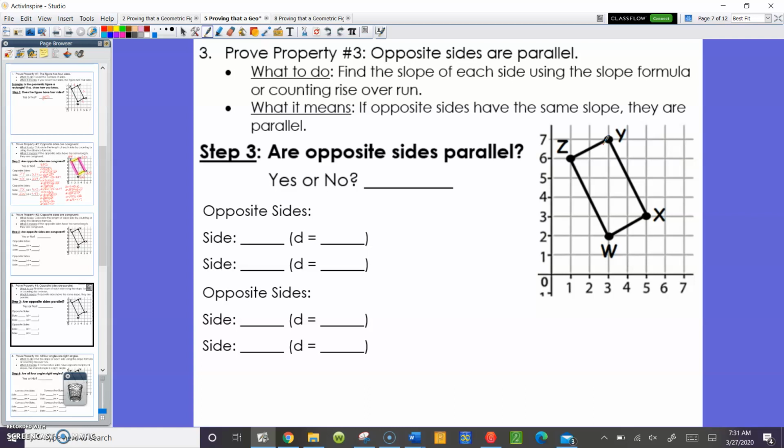So again, before we identify our slope, let's go ahead and identify our opposite sides. And we did do this when we proved property 2. But I'm just going to highlight once more our opposite sides so there's no confusion. So we have opposite sides ZY and WX, and we also have YX and ZW.